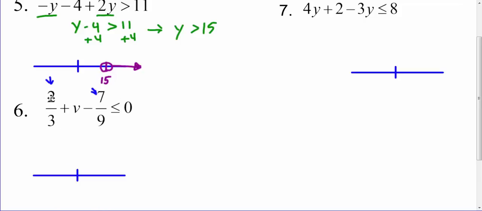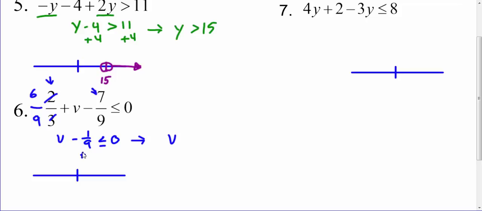So what I'm going to do is multiply this first fraction by 3 over 3 and make that 6 over 9. So 6/9 minus 7/9. Now I can rewrite that, and we know that 6/9 minus 7/9 is the same as minus 1/9.